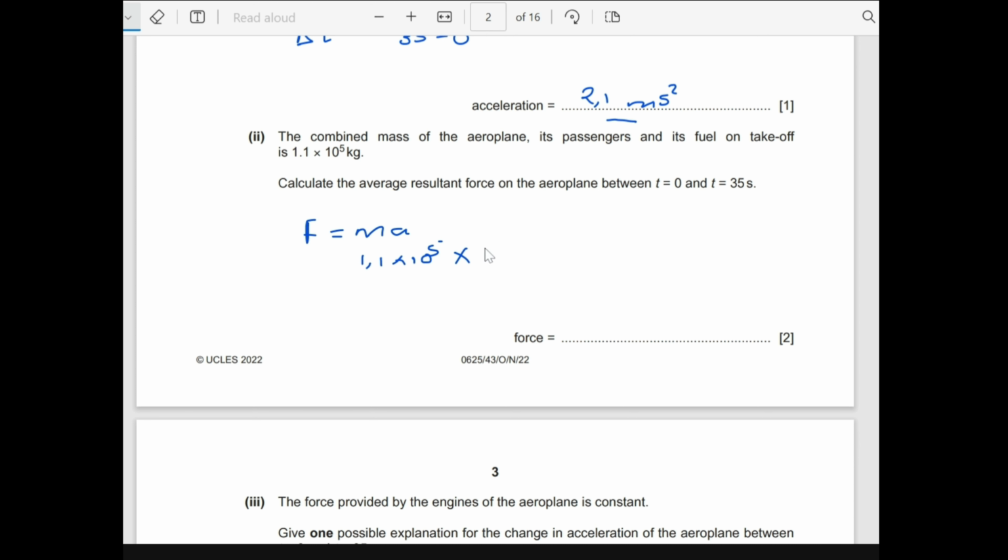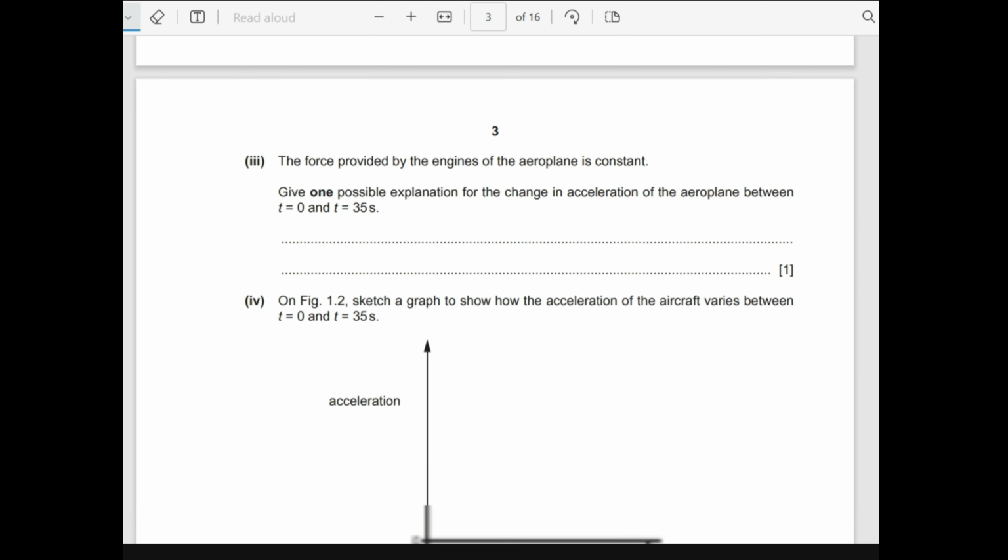There we're given acceleration, which is 2.1. And the answer of the force is 230 times 10 to the power 3 newtons.